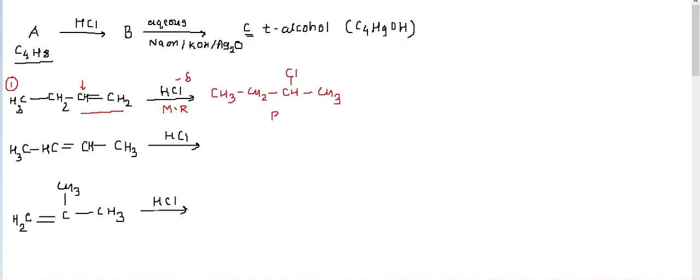So we have got this compound B. Now when we react it with aqueous KOH or NaOH or Ag2O, then Cl will simply be replaced by OH. So CH3, CH2, CHOH and CH3.